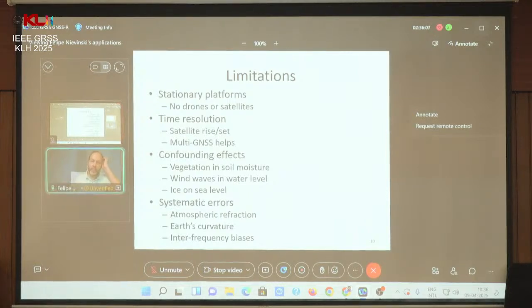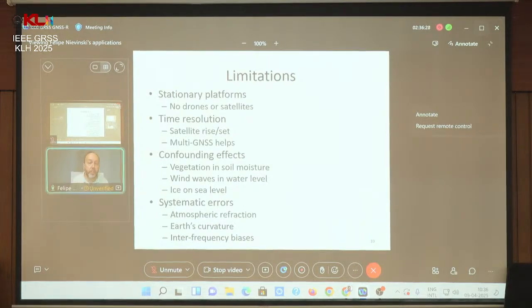And from satellites, that's not normally possible unless you get the shallowest possible incidence at negative elevation values.